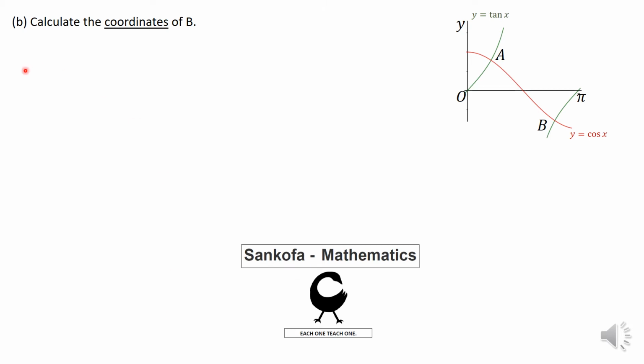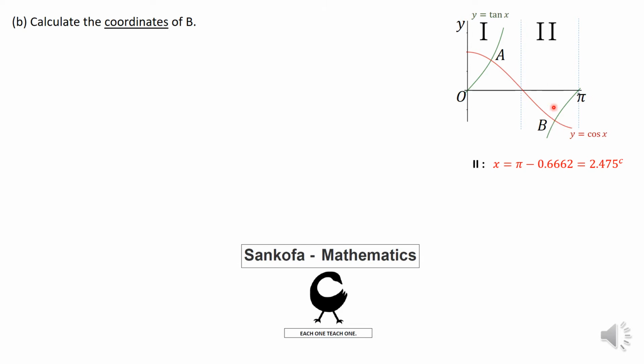So part B then wants us to find the coordinates of B. So A is in the first quadrant if you look at it that way, and the coordinate of B, you can see it's in the second quadrant. So again, as I said, we are looking for that. The angle x there is 2.475 radians, okay? Remember the value of pi is about 3.14 and so on.